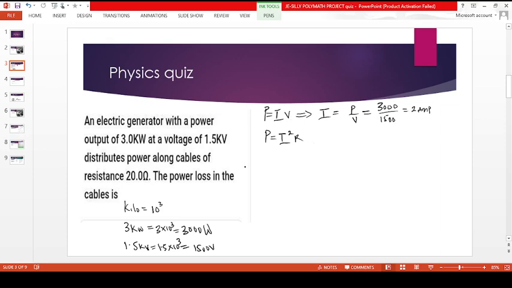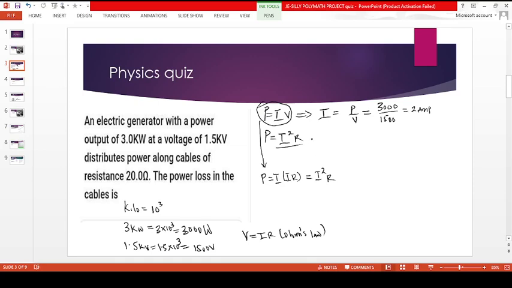If you can recall Ohm's law, V is equal to I times R. So if you substitute V as IR, power becomes I times IR, of which when I multiplies itself, it gives you I squared R. So that is the notion behind this.